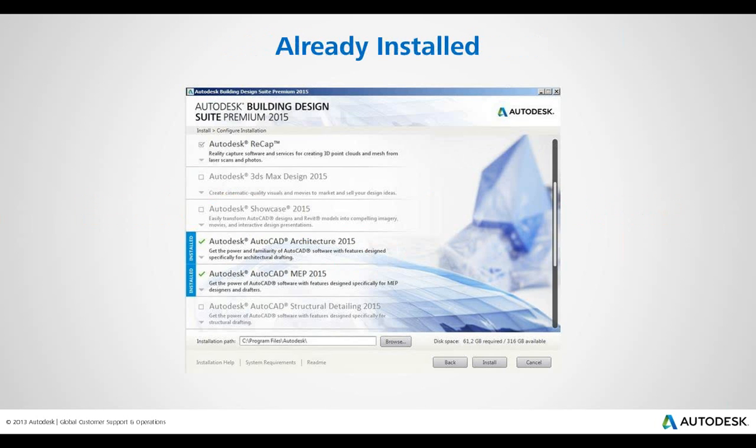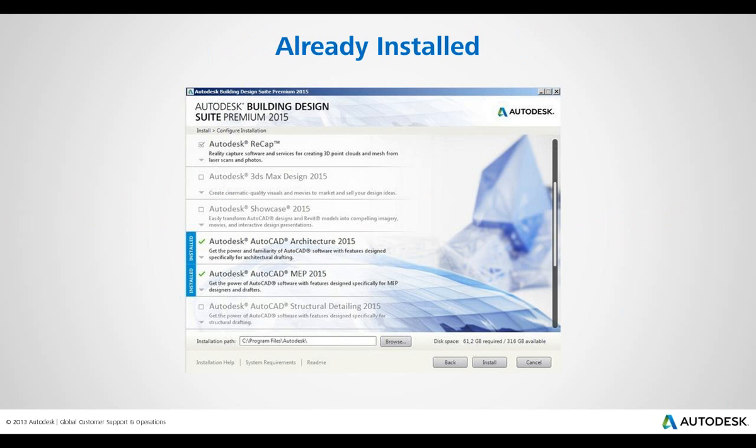All right, let's move on to another error that we see quite a bit. If you're doing an uninstall and a reinstall of the software, or you had the software installed a while back and now you're wanting to install it again, sometimes the installer will detect that it is still installed.